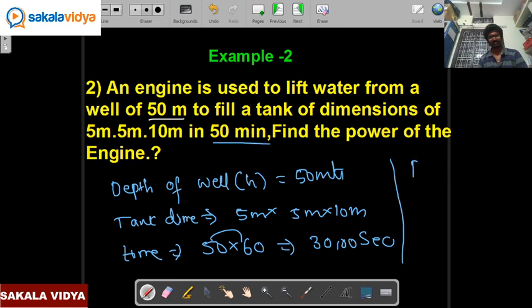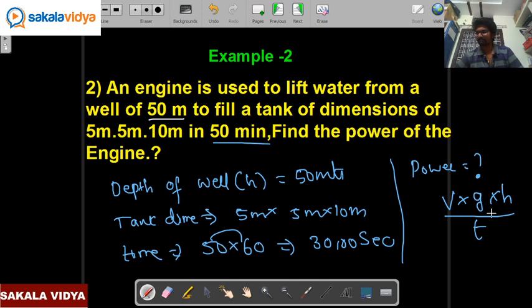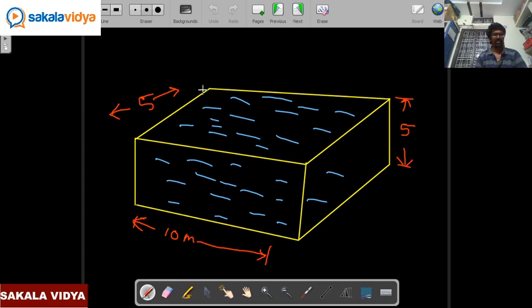So power. What is the formula for that? Volume into acceleration due to gravity into depth by time. The first thing you have to find is the volume of the tank. Volume is equal to length into breadth into height.